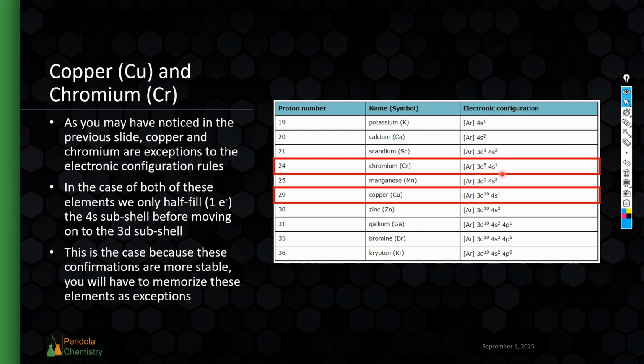So notice how normally we'll have the 4s be completely filled like we do in scandium, like we do in manganese, like we do in zinc, before moving on to the D sublevel. But for copper and chromium, the 4s is only half filled. It's 4s1, even though we are putting electrons into the D sublevel. And this is the case because it's more stable.